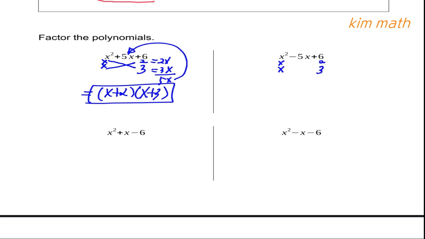To make a negative 5, both must be negative. But still, negative 2 times negative 3 is 6. Right? So again, if I copy this one, this is negative 2x. This is negative 3x. So the sum is negative 5x here, right?